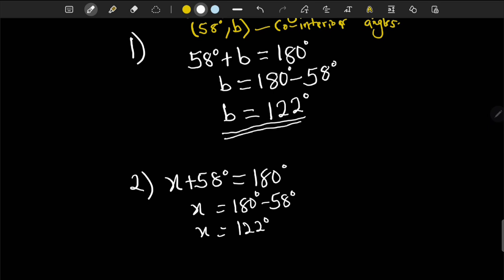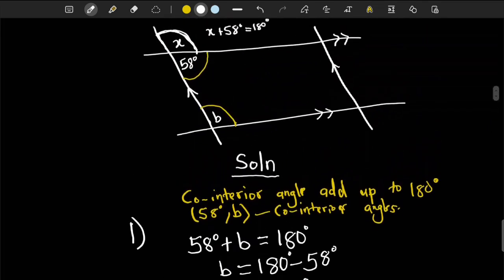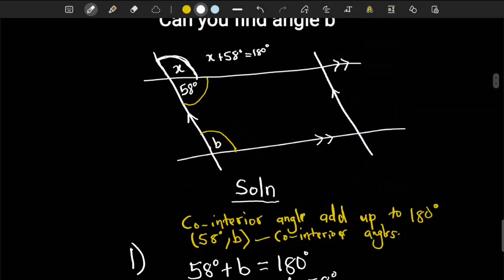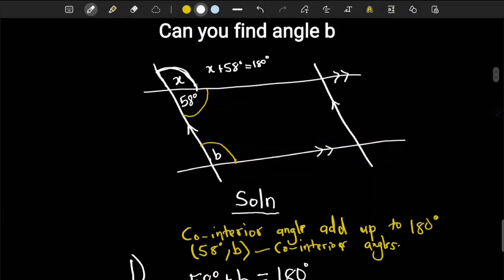Now, getting this answer, let's go back to the figure. So when we substitute our X here, this X here is equal to this B here, using the rule which says that corresponding angles are equal.